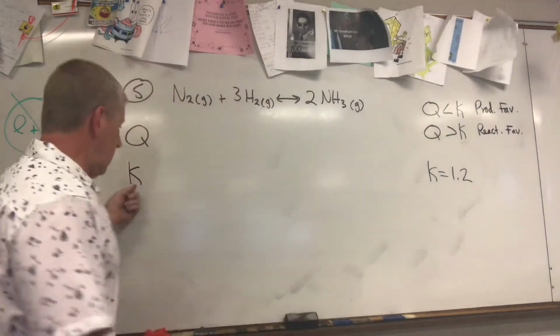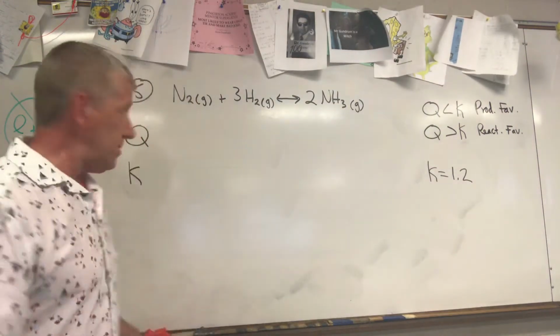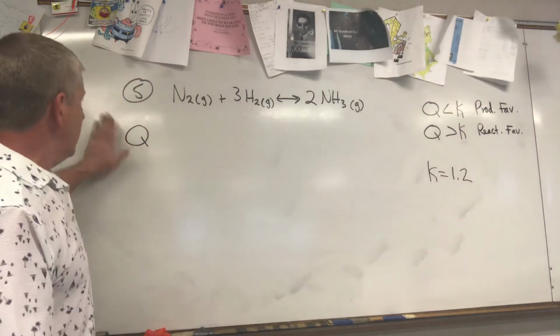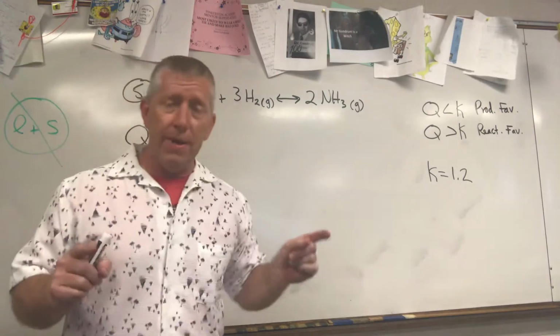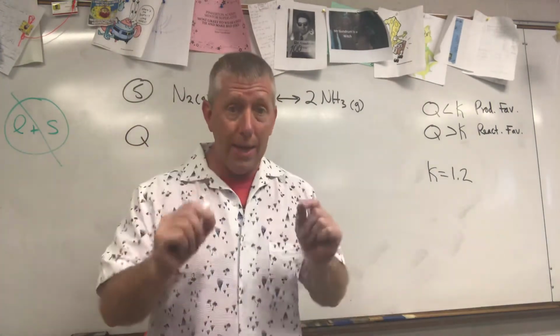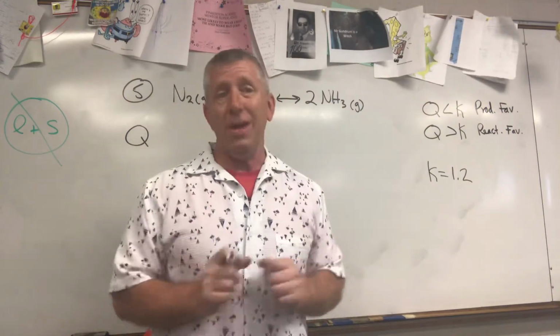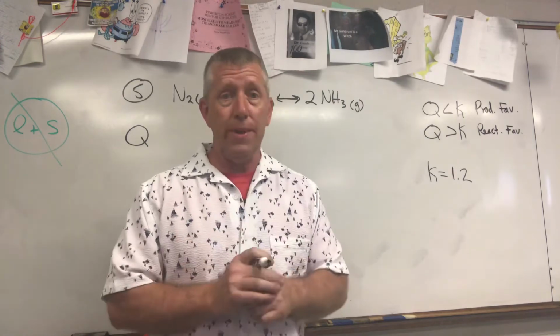The K tells you what's going on after a while when equilibrium has been established. The Q tells us what's going to happen knowing how much stuff you threw in at the beginning. Now, Q expressions are written the same way as K expressions are, so there's no difference there.